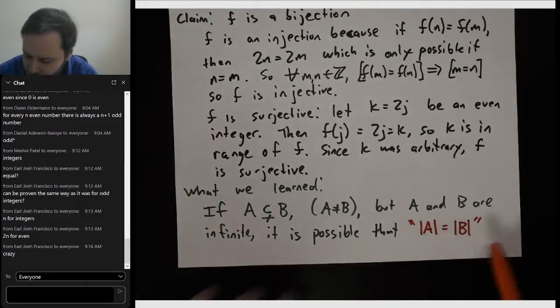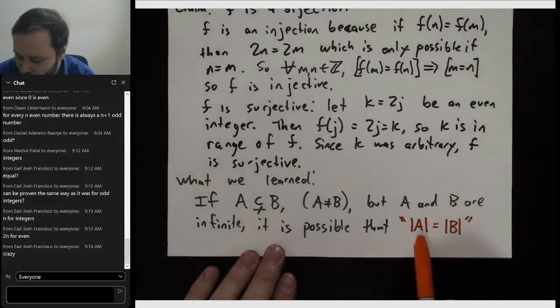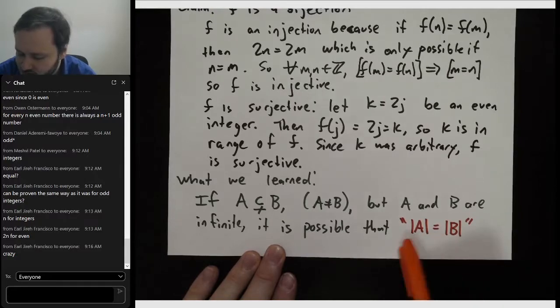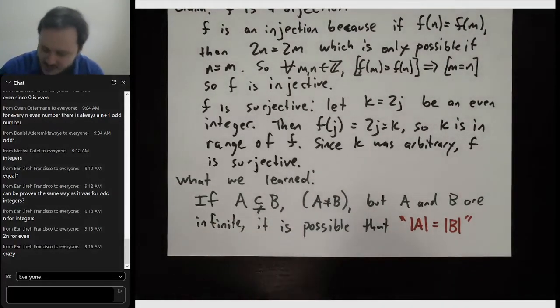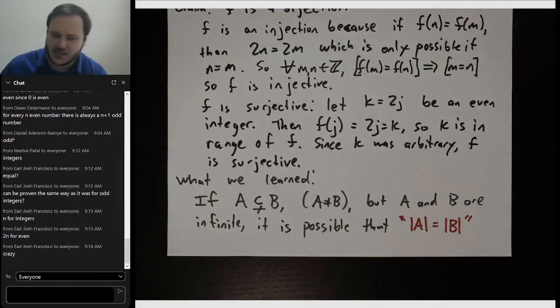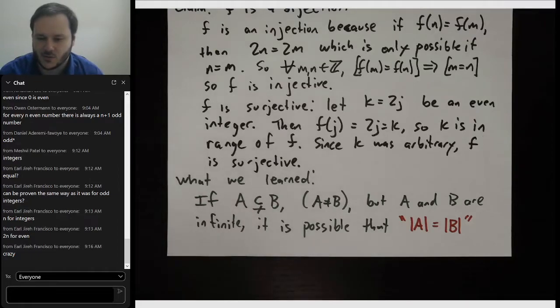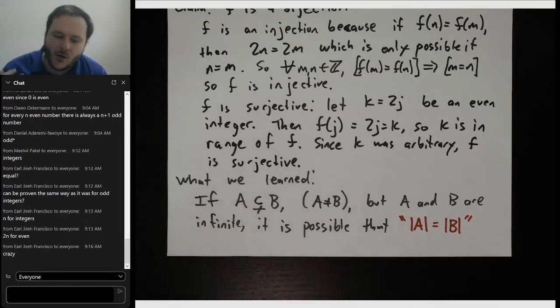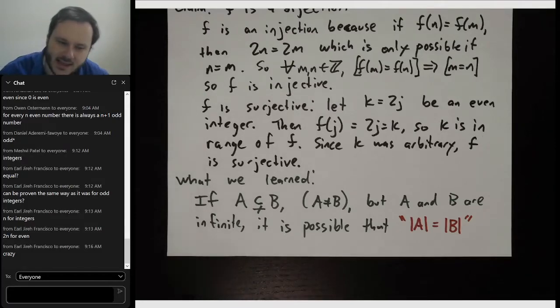The reason I wrote this in quotation marks is that when we defined sizes of sets, infinite sets were different. We didn't really define the size of an infinite set. What we said was, oh, well, you know, if it's not finite, then it's infinite.